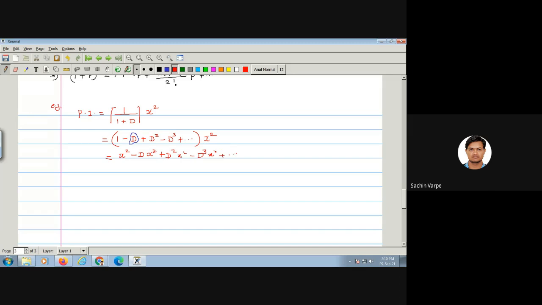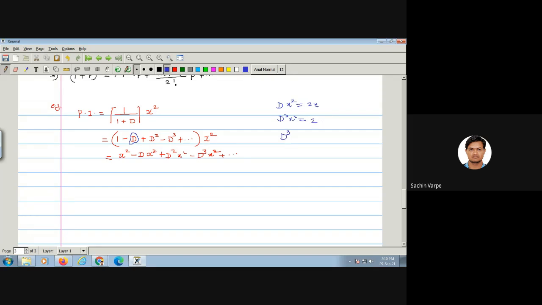plus and so on. Can you observe the important point here: when the power of D exceeds the degree of the polynomial, we get zero terms. D of x square is the derivative, that is 2x. D square of x square is D of 2x, that is 2.